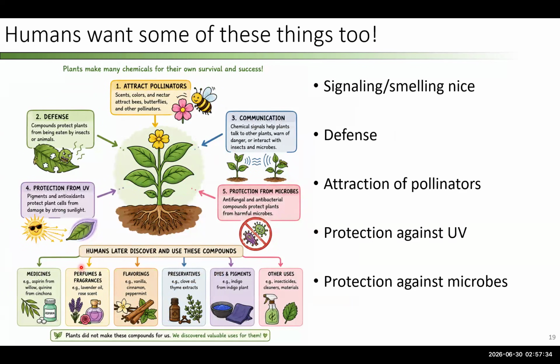Humans often want some of these same properties, right? These properties in attracting pollinators are the compounds that we generally really like using for perfumes, fragrances, and flavors. Defense mechanisms in terms of protection from light, you can think about things like dyes and pigments.